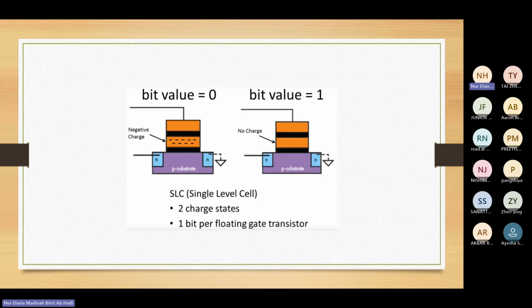As you can see here, two charge states, 1 bit per floating gate transistor. When the bit is equal to 0, the charge will be negative. But if the bit value is equal to 1, there will be no charge.